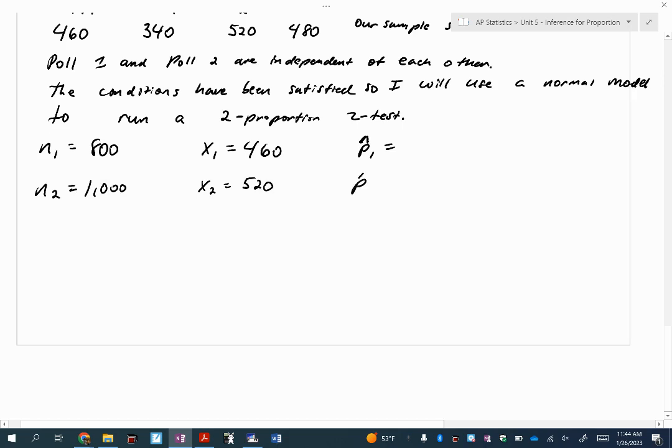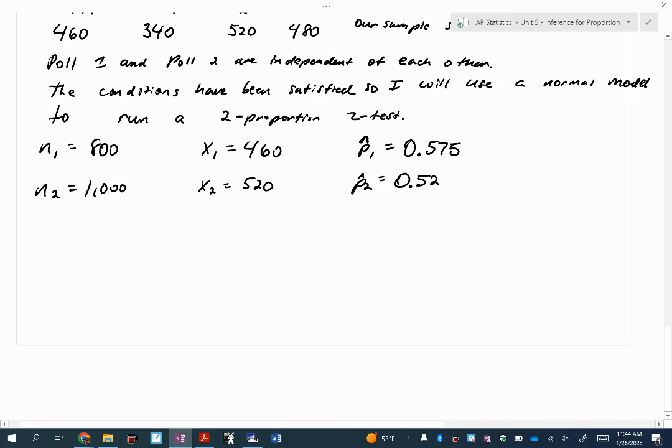And I got that p-hat for you, 0.52. All right, so 460 divided by 800 is 0.575. Thank you. It's amazing how even after 3 hours, my brain forgets.